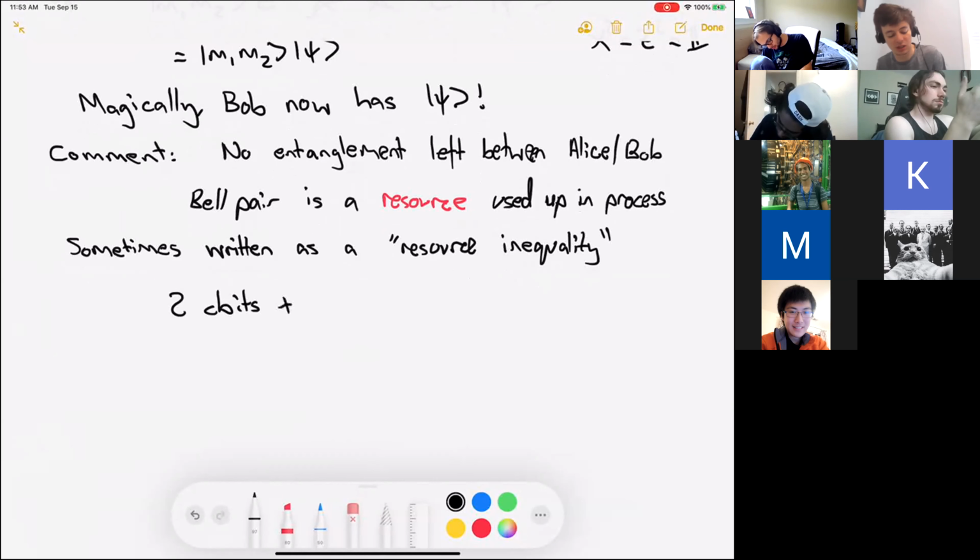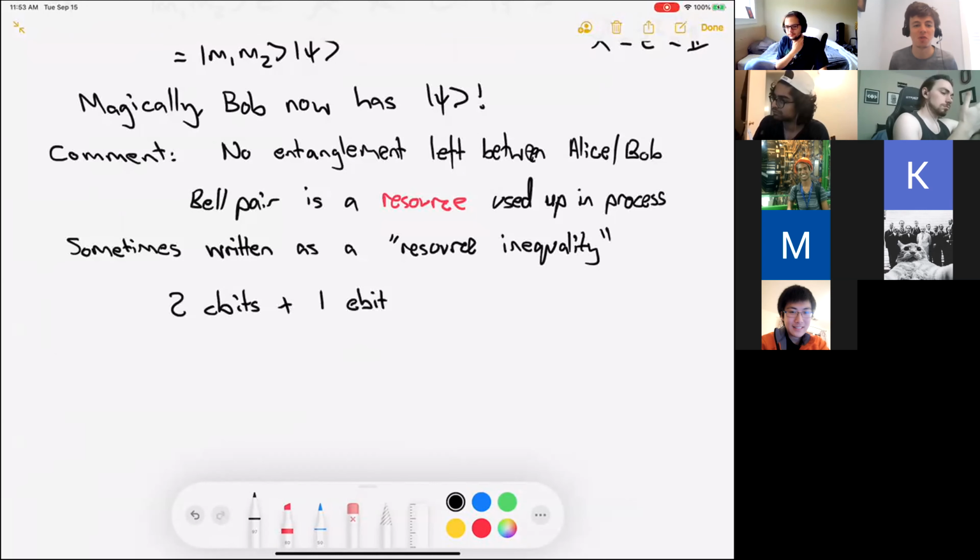And we also used up the Bell pair. The Bell pair is boring, it doesn't even have a bit in the name. So that's normally called one e-bit. One bit of entanglement that was shared between Alice and Bob got used up in the process.